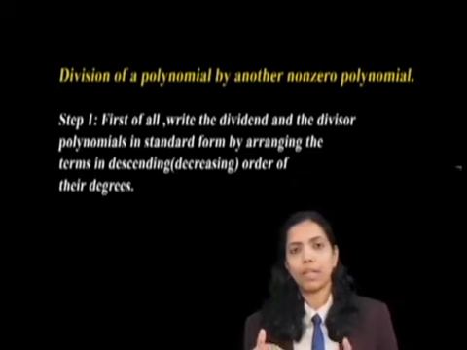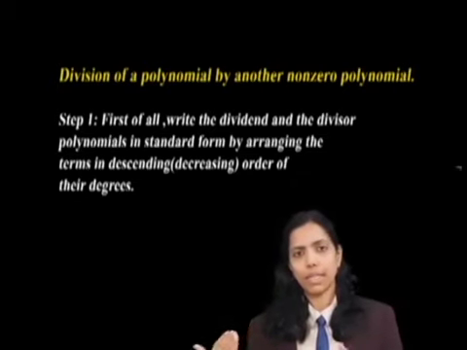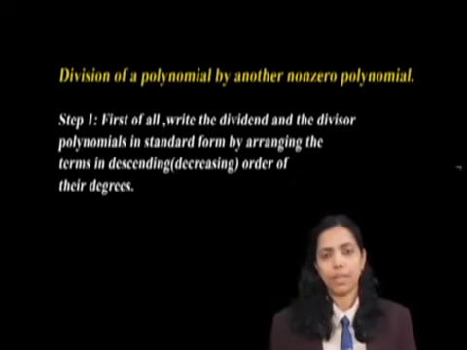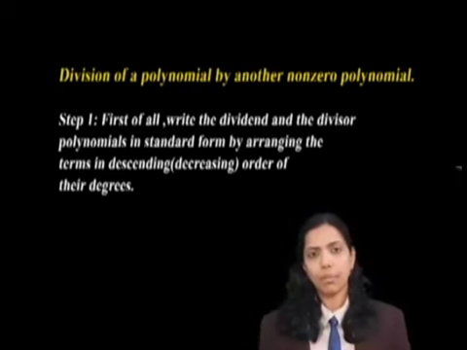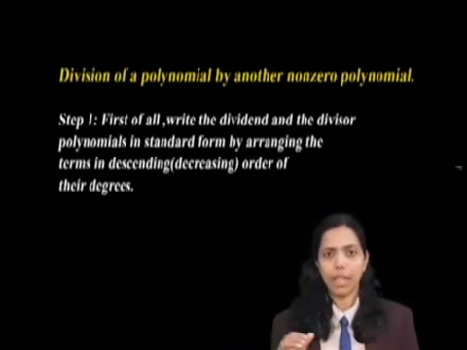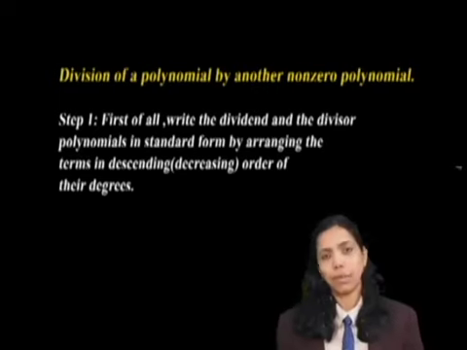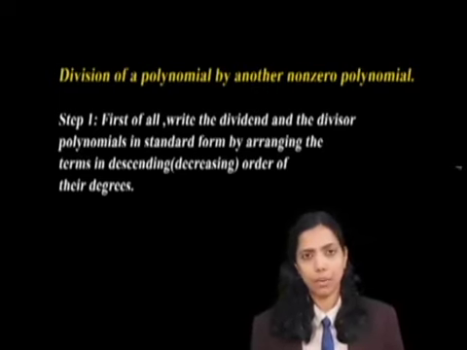From that, we can identify which one is the dividend and which is the divisor. The highest degree polynomial is the dividend and the lower degree polynomial is the divisor.